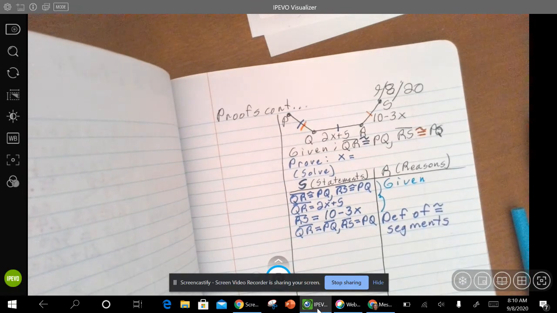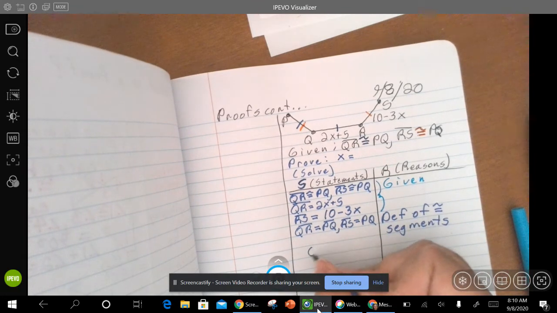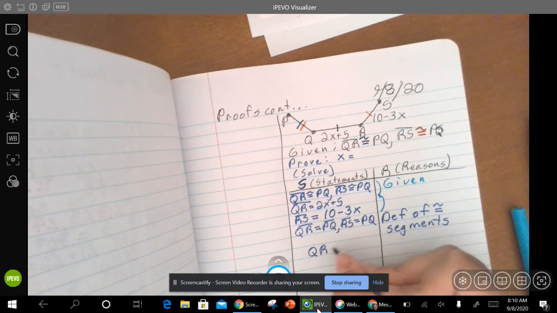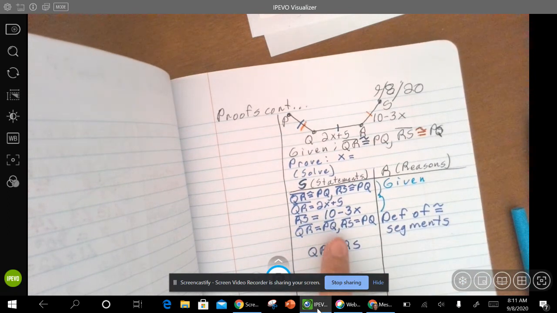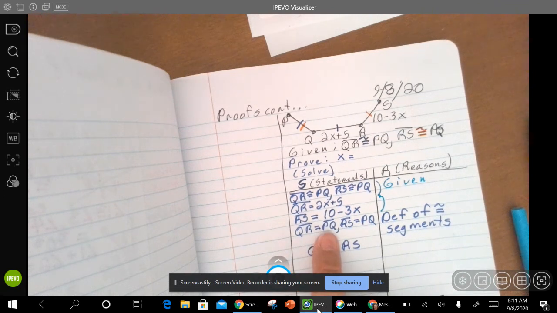And then we're going to say that QR is equal to RS, because QR is equal to PQ, and PQ is also equal to RS. That means that RQ is also equal to RS.